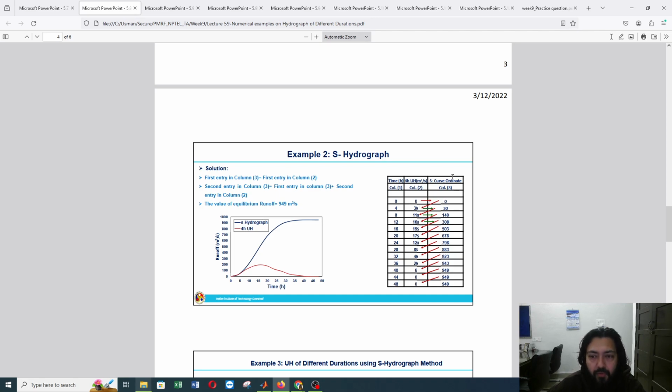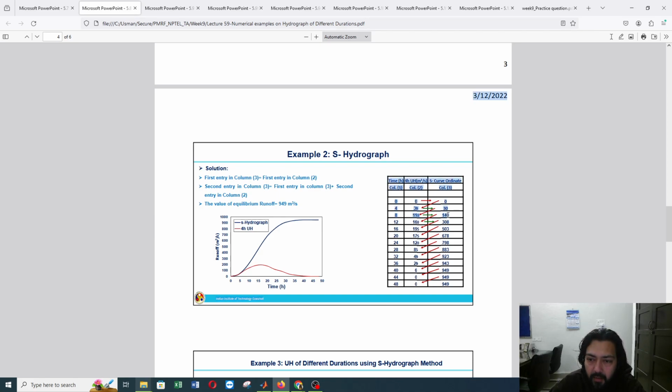So to find the S curve ordinate, we use this second term. The first entry will be the same, but the second entry would be the sum of the diagonal elements, that is the first element of column 3 plus the second element of column 2, which gives us the S ordinate.